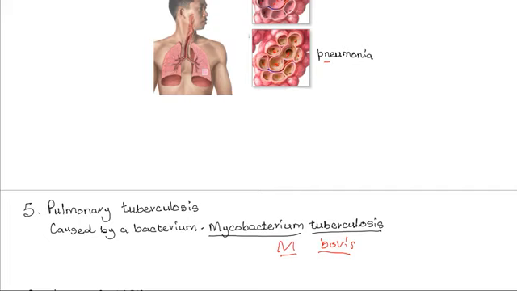Now, this bacterium destroys lung tissues, making it hard for the patient to breathe. And if not treated, it may eventually result in death. Treatment involves the use of antibiotics such as streptomycin, and tuberculosis can be controlled in the following ways. 1.